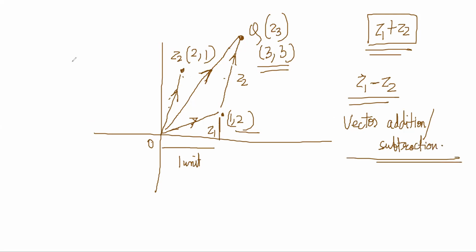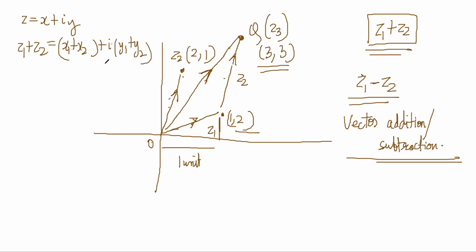Now multiplication. The reason why I'm introducing it like this is because it helps you understand intuitively what the numbers are doing. I could have said complex number z is equal to x + iy, and addition is defined as (x1 + x2) + i(y1 + y2).